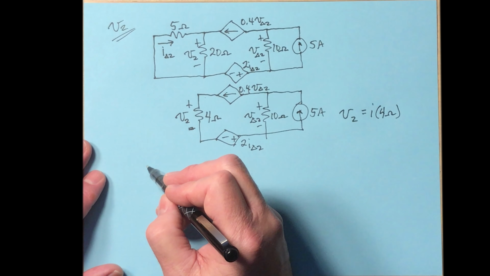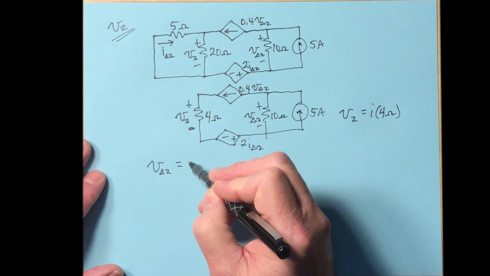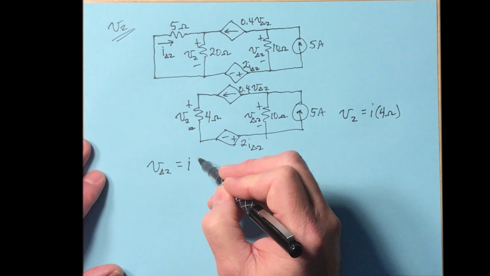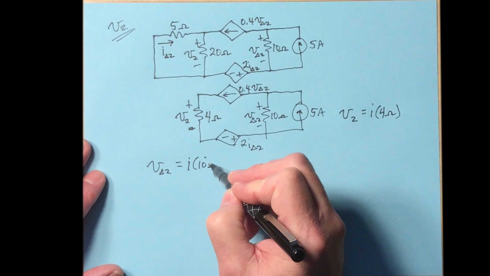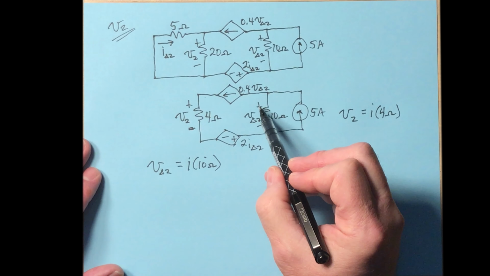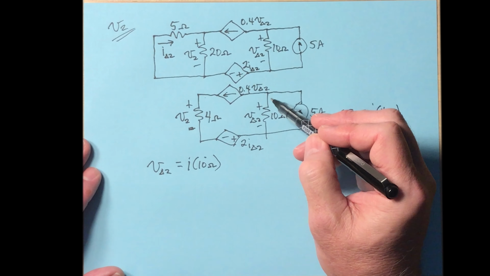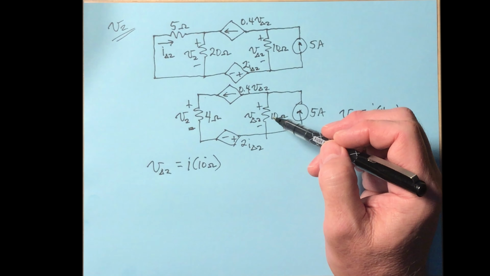V delta 2 is equal to its current times 10 ohms. That's just Ohm's law applied here. Now we don't know the direction of the current through that, but we can assume a direction.